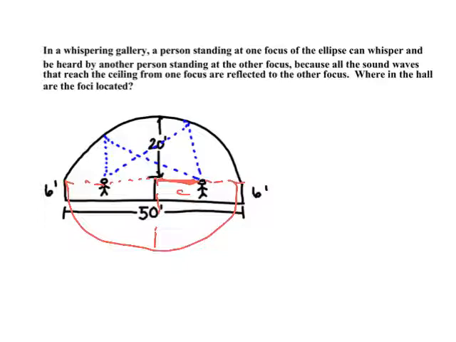So the first thing I see is this is longer in the horizontal direction than it is taller in the vertical direction. So this is a horizontal ellipse, and we know if the distance from the edge to the edge is 50 feet, then a is 25 feet from the center to the vertex.